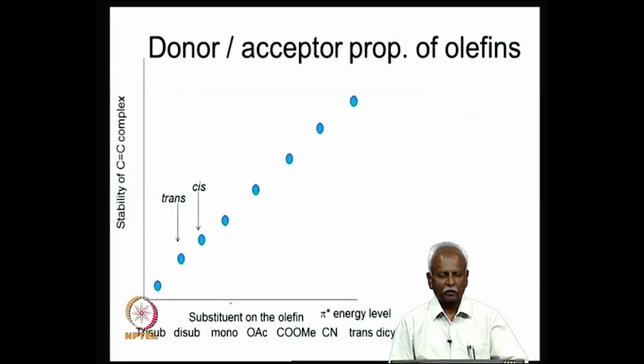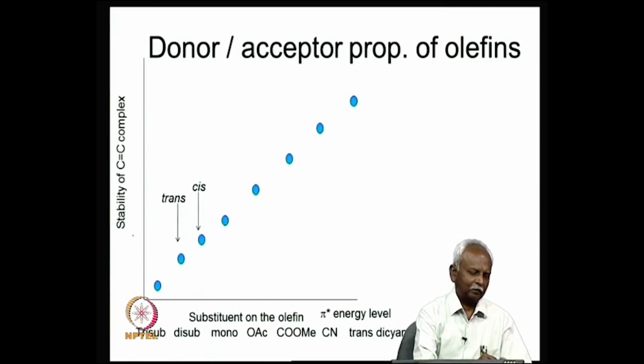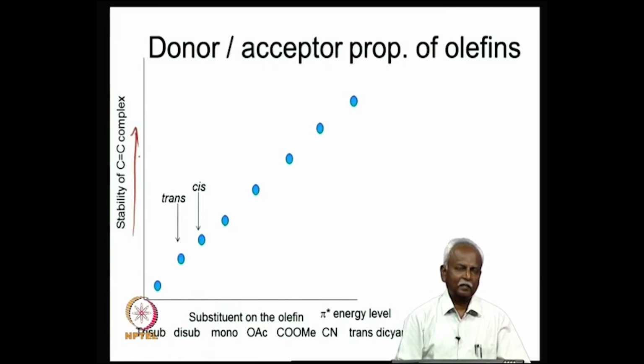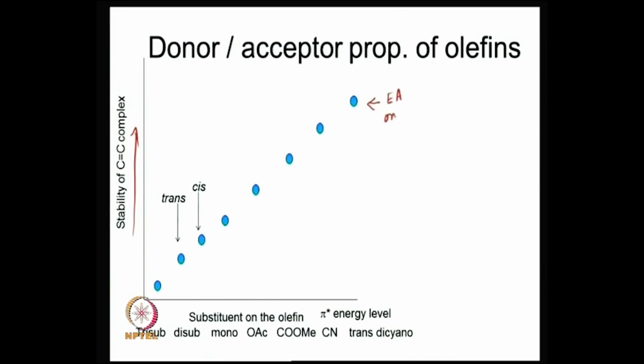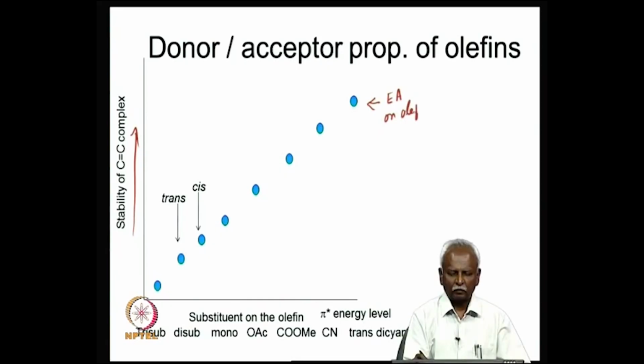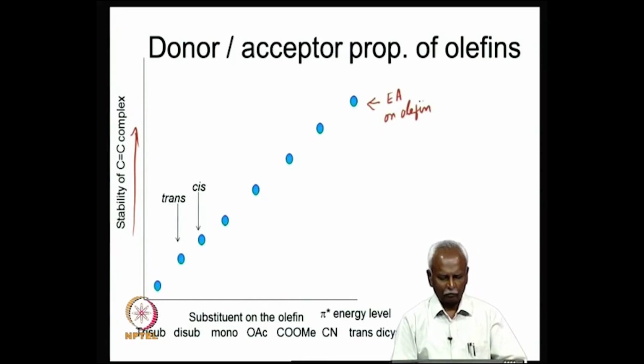In the time that we have, let us take a look at the donor acceptor properties. Can we correlate the donor acceptor properties with the pi accepting property and the stability of the complex? In general, the stability of the complex, if it is plotted on the y axis, keeps increasing if you have very good electron accepting groups on the olefin, then they form stable complexes.